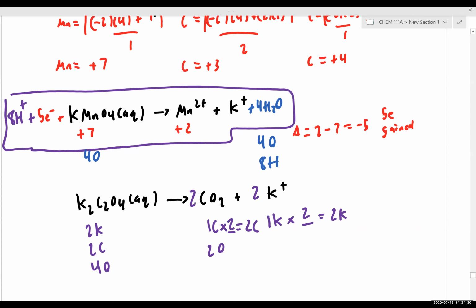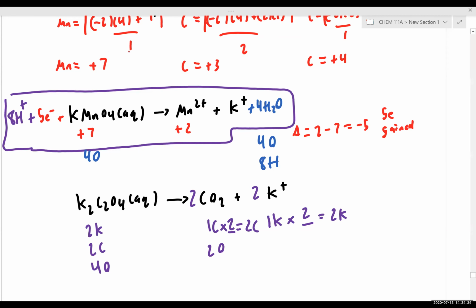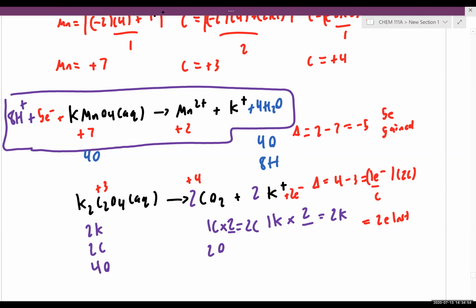Now that we've balanced this equation, we can count some electrons, and we see very clearly we went from +3 to +4. So our delta is 4 minus 3, which is 1 electron per carbon atom. We have 2 carbon atoms, so we have 2 electrons lost. So this would be +2 electrons.